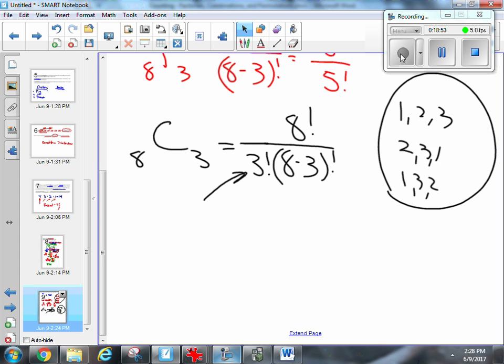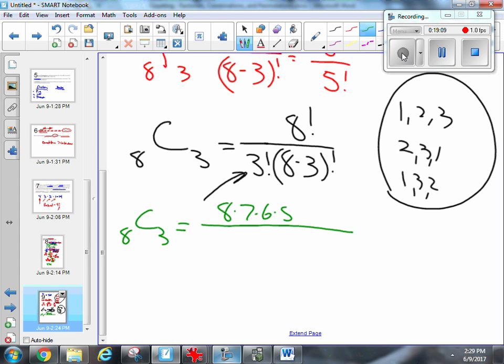So if I write this all out, C(8, 3) is equal to 8 times 7 times 6 times 5 times 4 times 3 times 2 times 1, divided by my 5 factorial, 5 times 4 times 3 times 2 times 1, which I am multiplying by my 3 factorial, 3 times 2 times 1.